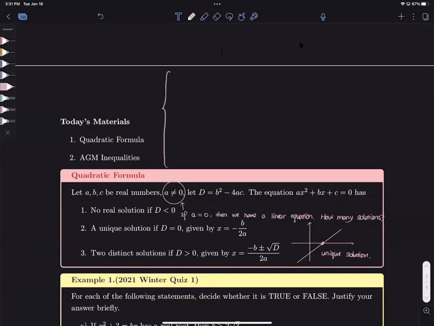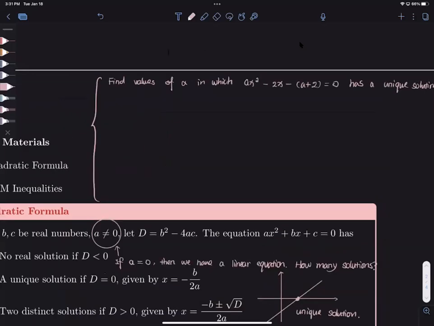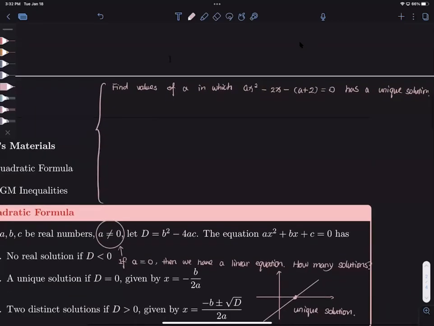The first thing is they can say, let me give you, let's say, find the values of A in which ax squared minus 2x minus A plus 2 equals 0 has a unique solution. Okay, so this is a question I have, and I'm telling you there is a trap here.